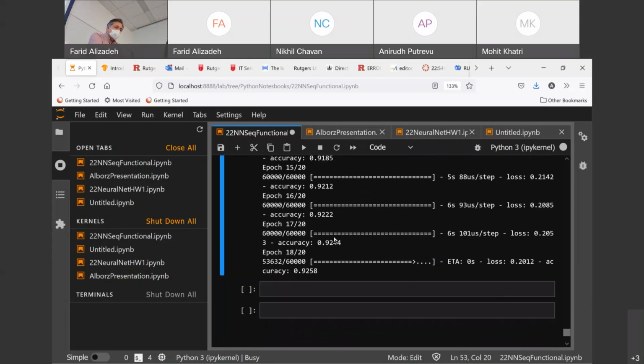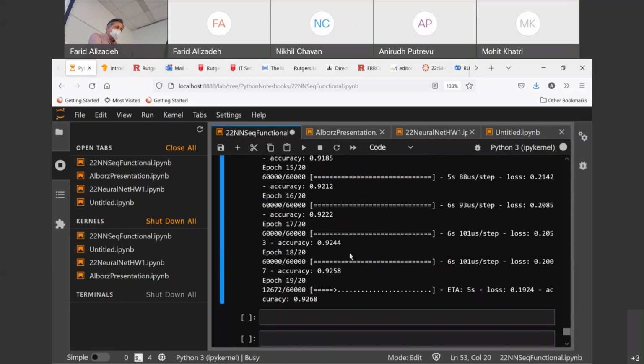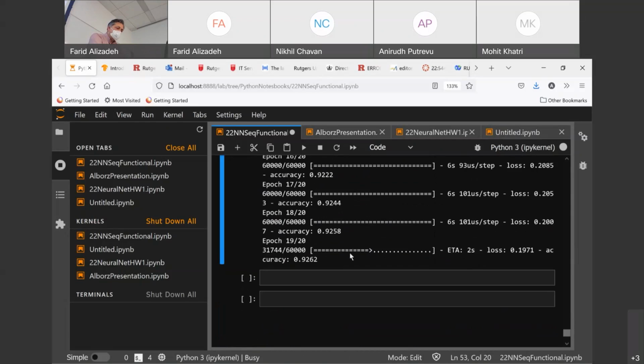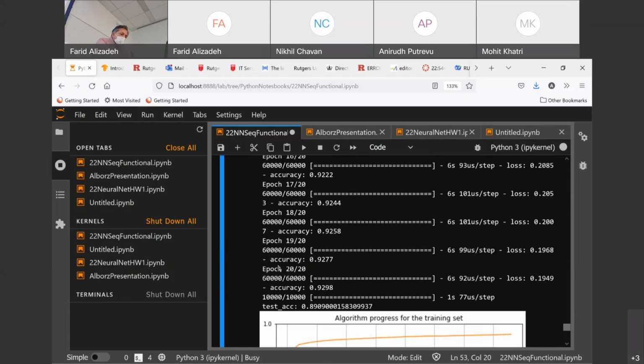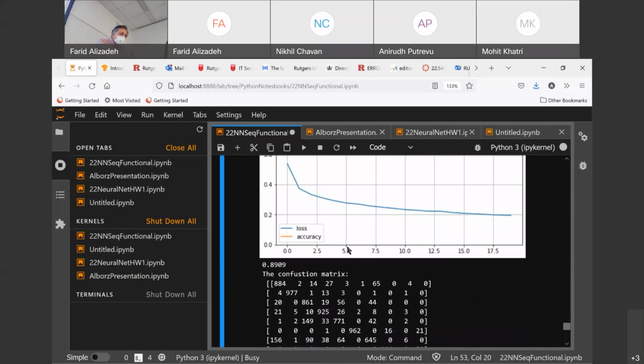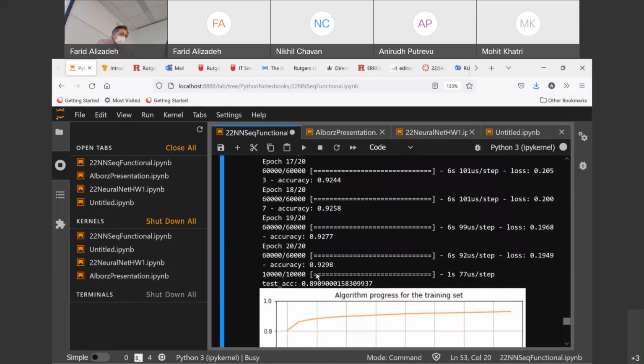So there are data sets that are kind of like this, but color, and they are even more complicated. Here you can see that the accuracy is coming to around 90+%, with the same architecture. But the test accuracy is 89%. So the gap is a little bit bigger now, almost 4%.